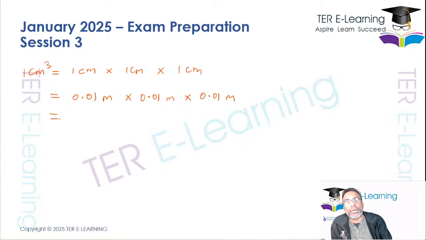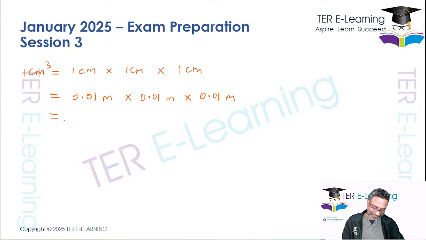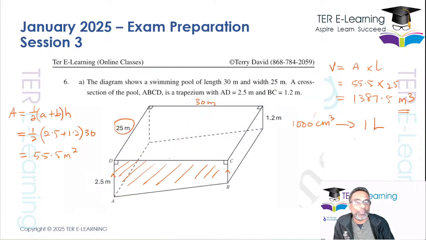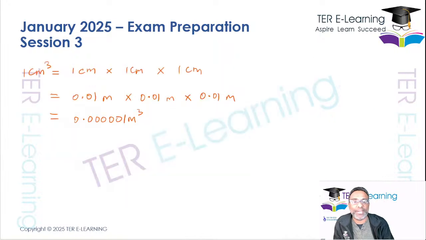Now, if I multiply all of this, you're going to get this nice conversion. So 1 cm cube is actually 0.000001 meter cube.